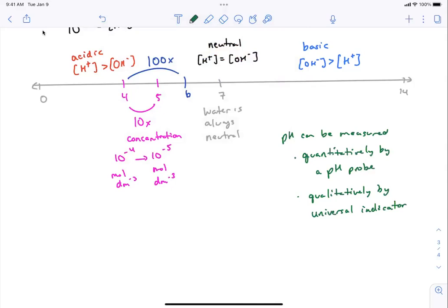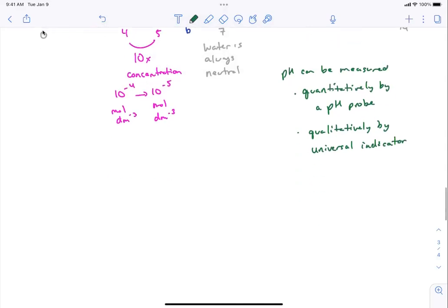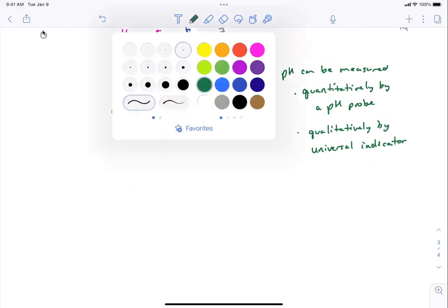So it's not a specific number, but you can get a general idea: this is an acid or this is a base. A lot of times when we have chemicals that end up not being labeled in storage and we're trying to clear them out, we'll put a drop of universal indicator in them to see if they change color, to know whether it's an acid or a base. Very useful if you're just trying to figure out whether it's an acid or a base, but not the actual pH.